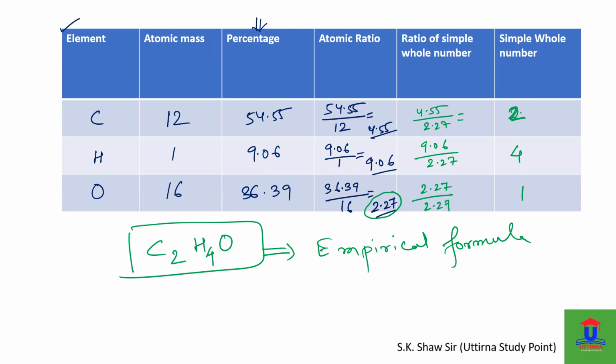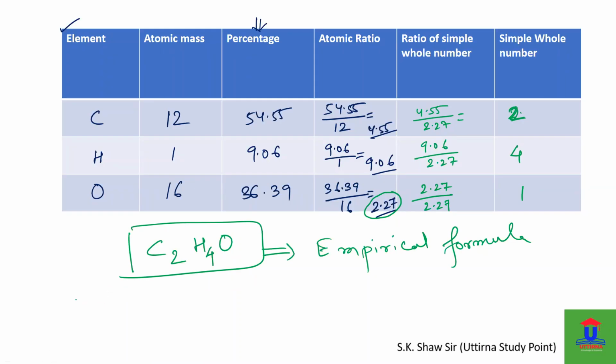Okay. So just take the screenshot. This is the empirical formula. Now how to calculate the molecular formula? Before finding molecular formula, from the empirical formula, find out the empirical formula mass, just like we calculate molecular formula mass.